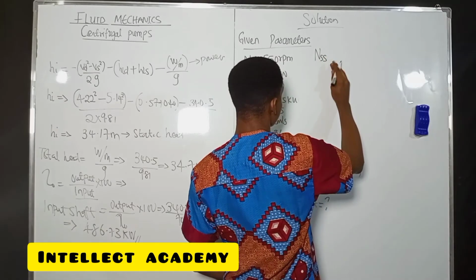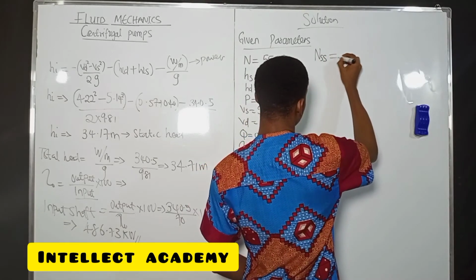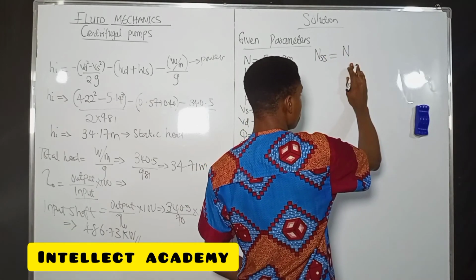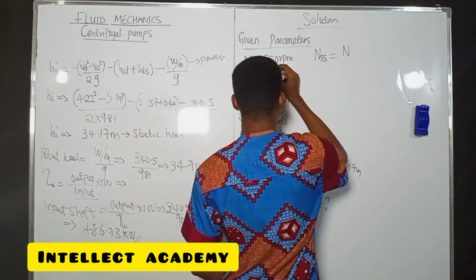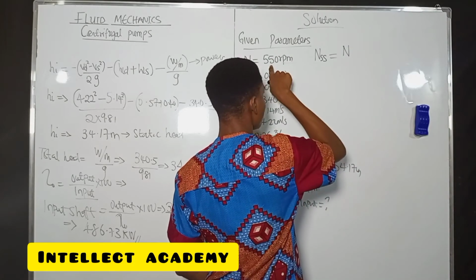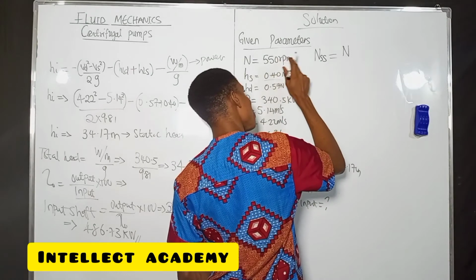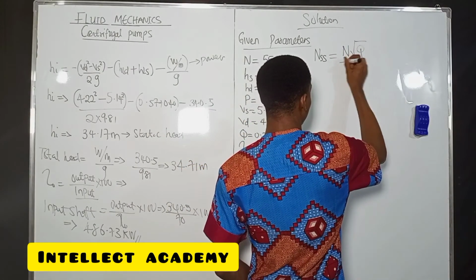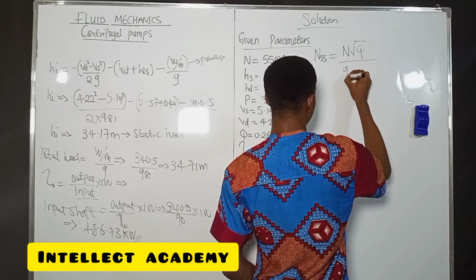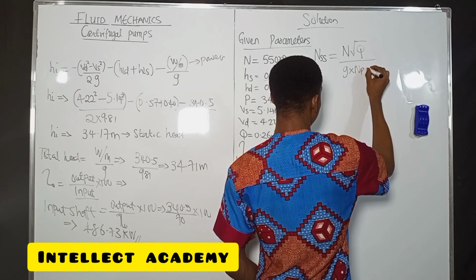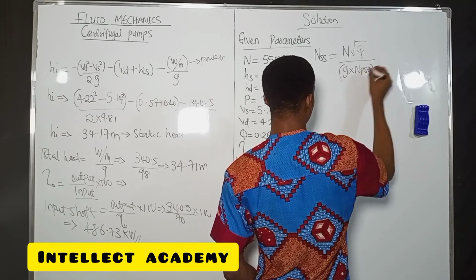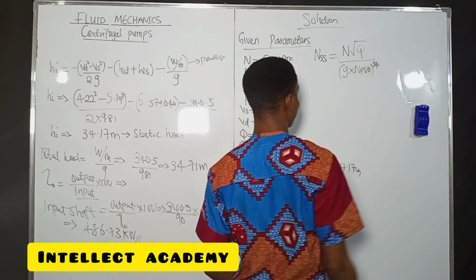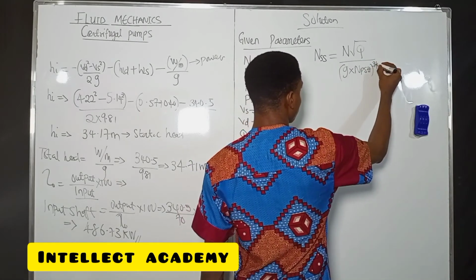So the NSS is given by the rotational speed, which is in RPM, in this case 550 RPM, multiplied by the square root of the discharge, all over the gravity multiplied by NPSH, raised to power 3/4.